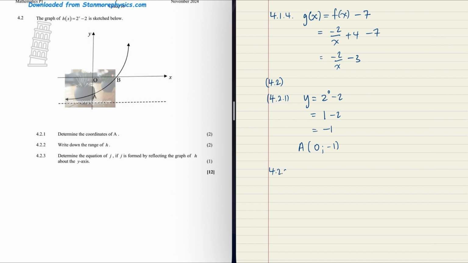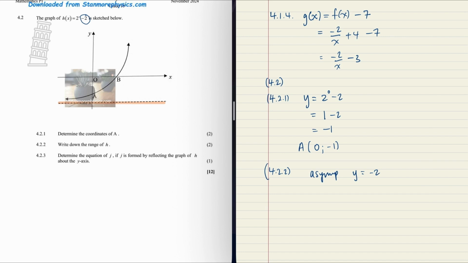Question 4.2.2, write down the range of h. So range is referring to the y values that this function is going to appear in or cover. This dotted line here represents your asymptote. The graph will not exist below that. So to get the asymptote, all you got to do is read off this function. So my asymptote is y is equal to negative 2.